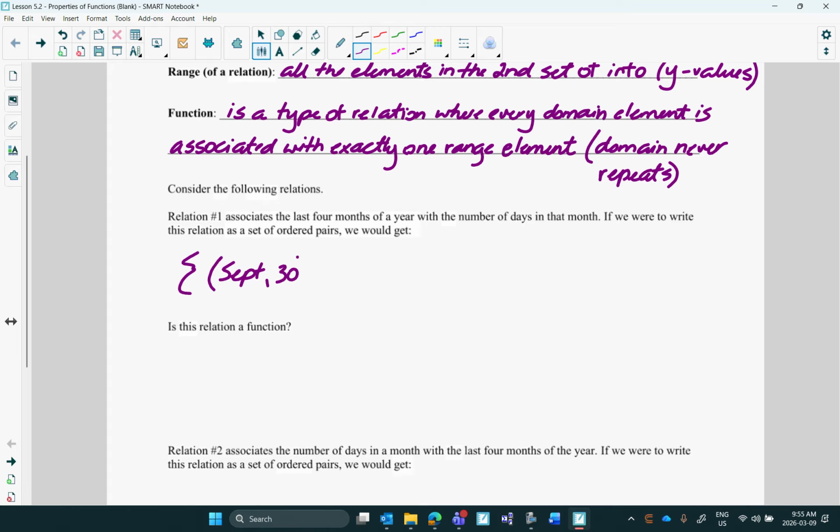So that's one pair in the relation. The next pair would be the next month, October, which has 31. The next pair would be November, 30. And the final pair would be December, 31. So not a big relation, only four things in it.